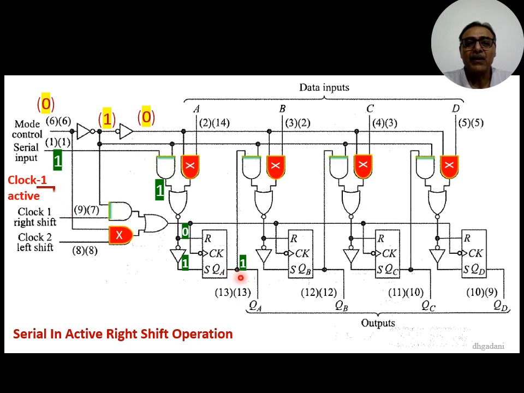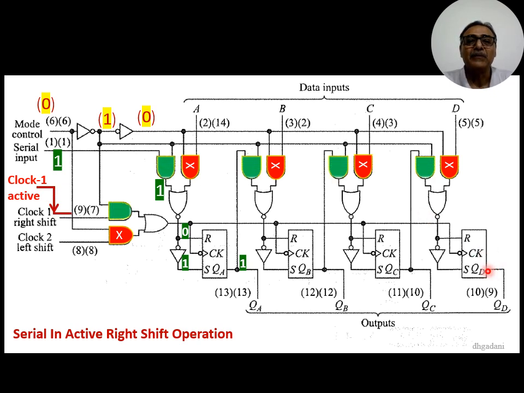Now this output QA is a serial input to the next RS flip-flop. So as soon as we apply the next clock pulse, this output will appear at QB. When we apply the next clock pulse, that output is input to the next RS flip-flop, so it will appear here, and after the fourth clock pulse, this output 1 will appear at QD.